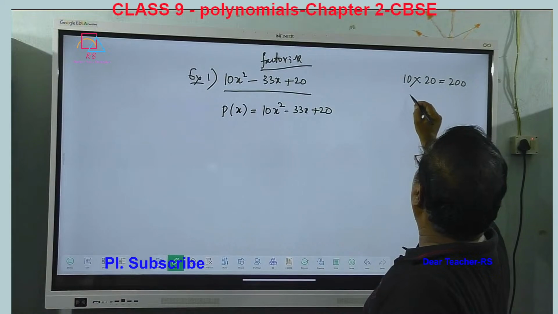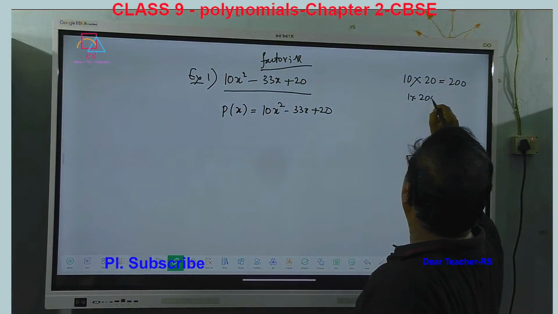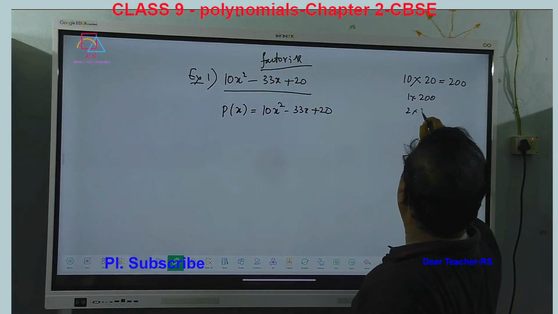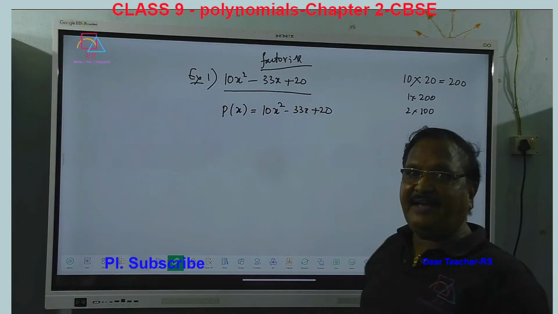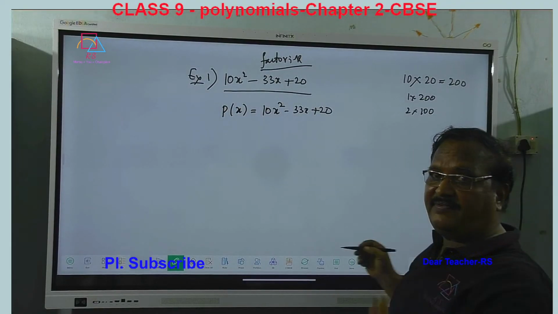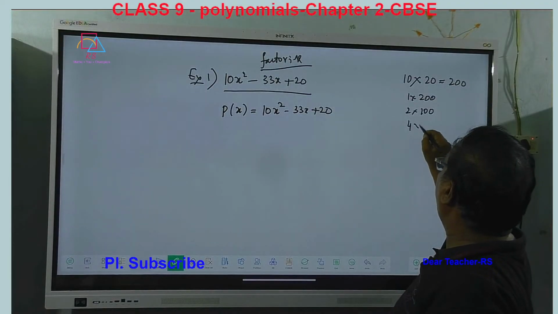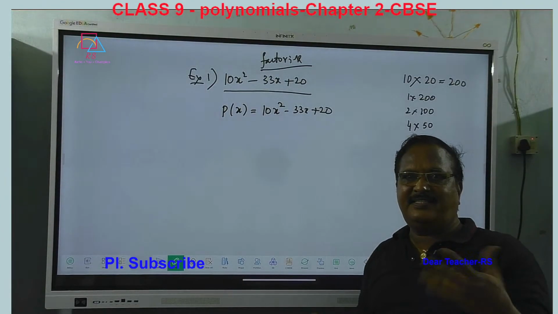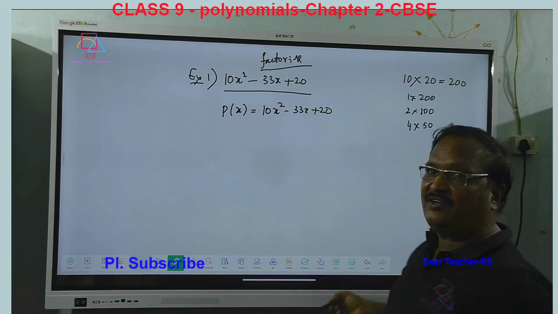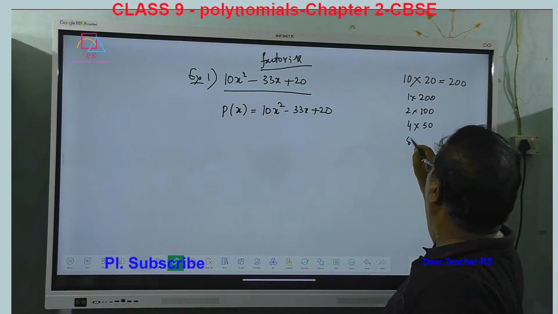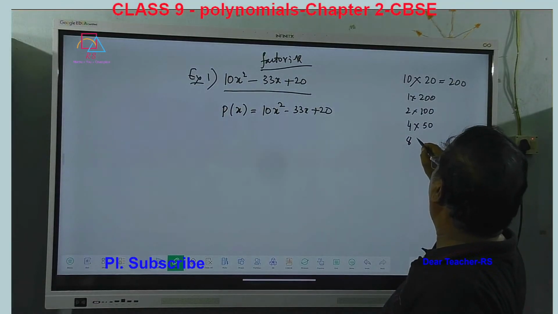You can start with 1 into 200. Okay, 2 into 100, because 2 is a factor, 3 is not a factor, 4 is a factor, 4 into 50, 6 is not a factor, 7 is not a factor, again 8, let me see, 8 into 25.